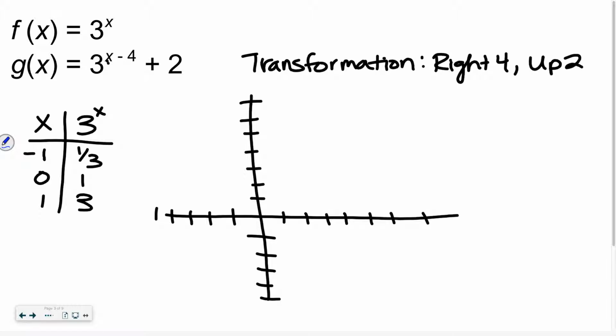And I'm going to plot these 3 points: -1, 1/3, 0, 1, and 1, 3. This is the original graph, right? The f of x. So I'm going to make it dotted.